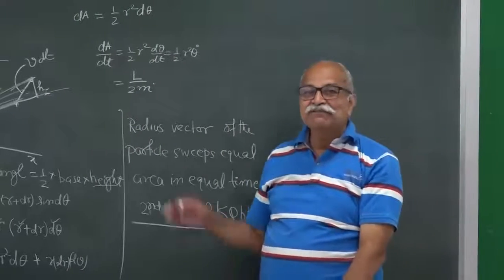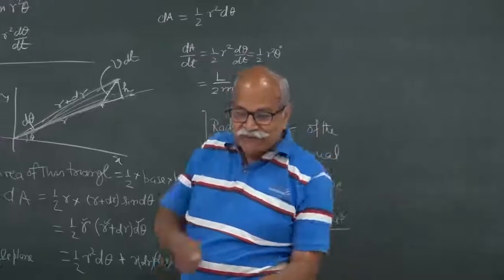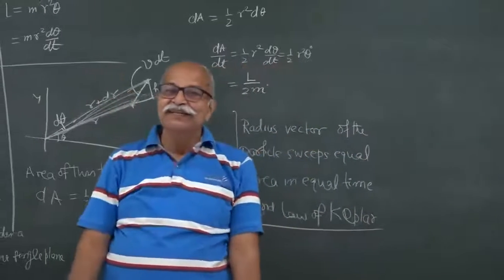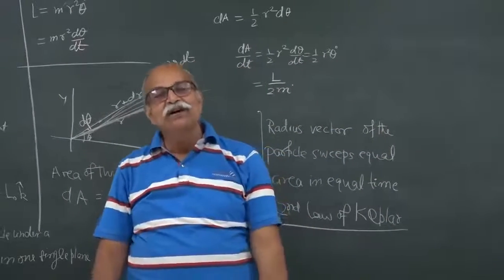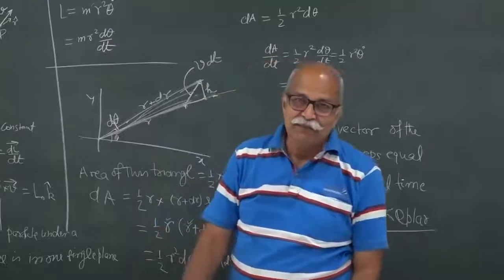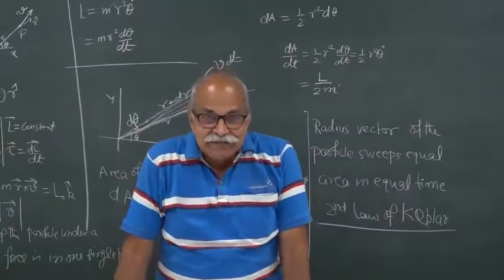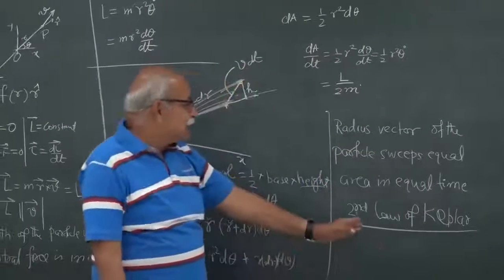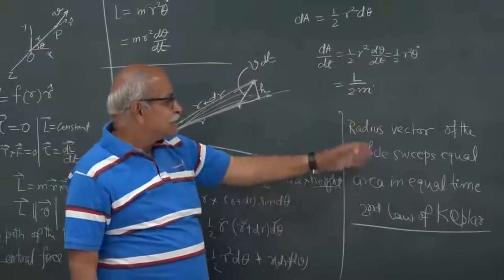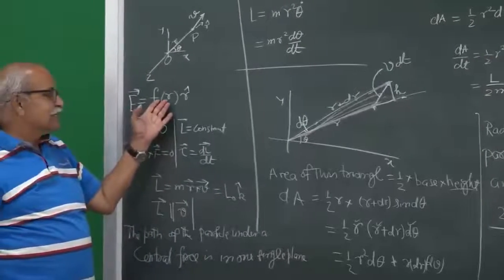So, that is Kepler's first law. The second law is the radius vector from the sun to the planet sweeps equal area in equal time, and the third law is about the time period. Square of the time period is proportional to the cube of the semi major axis of the ellipse. The second law of Kepler is valid for all varieties of central force motion, whatever is f of r.